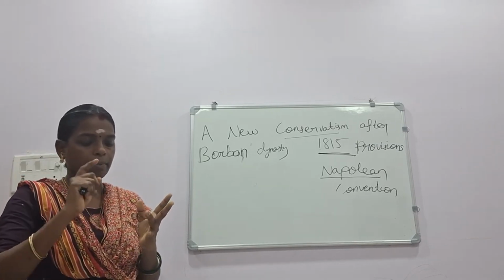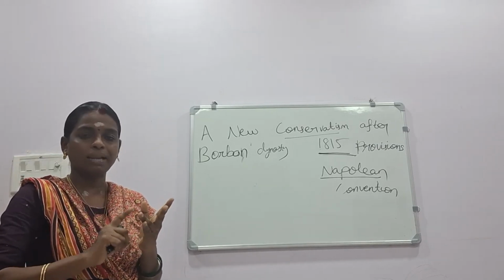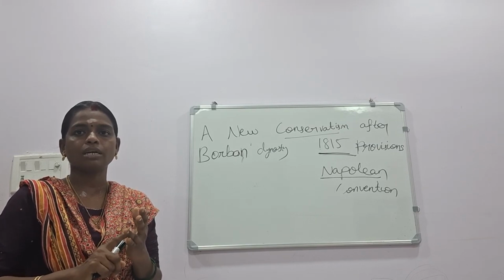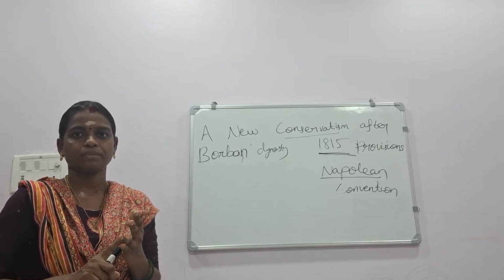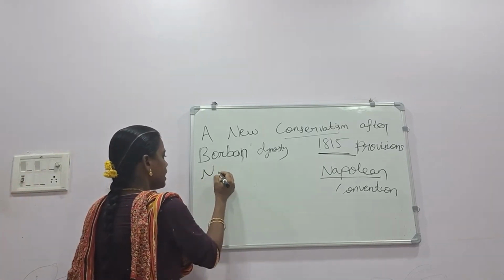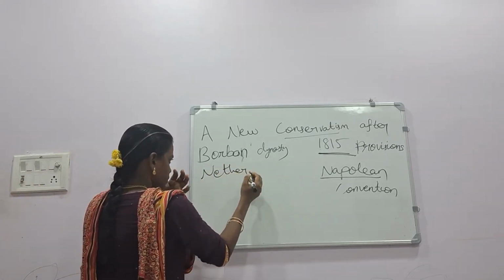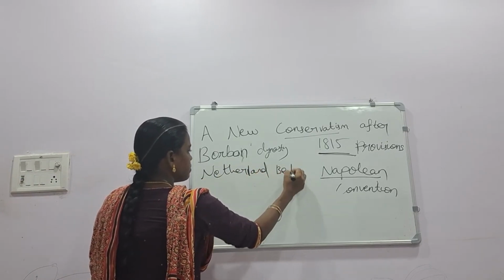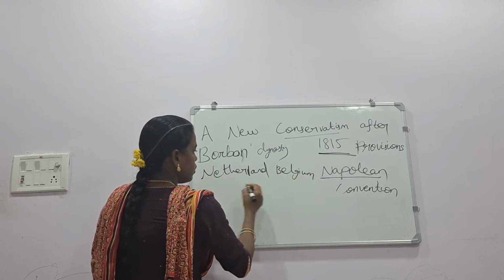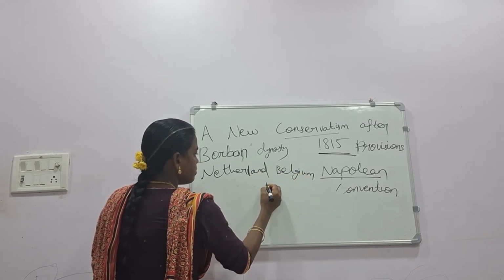Netherlands and Belgium looked over the territory in the northern direction of the European continent.